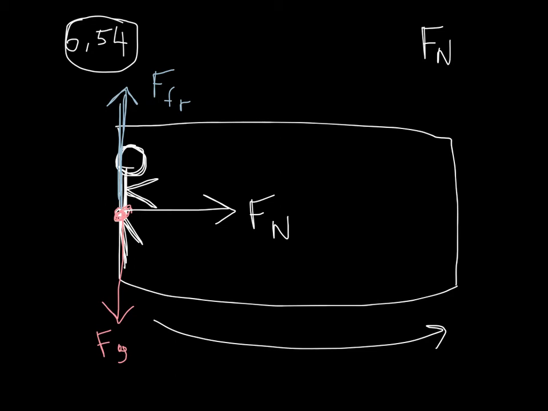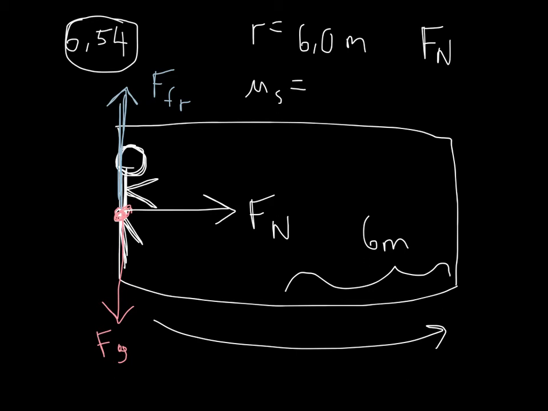Okay, what other pieces of information have they given us in this problem? They give us the radius. What was the radius? 6 meters. So that's how big this circle is. That's 6 meters. What else did they give us? They gave us mu.